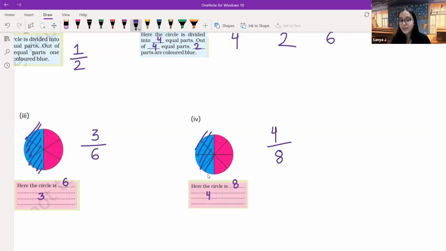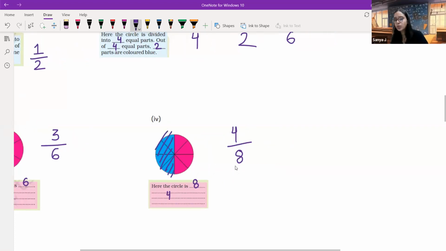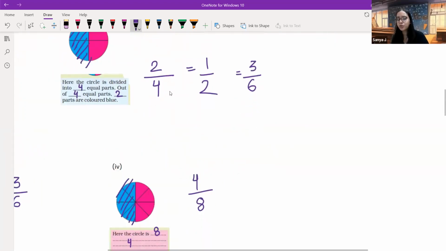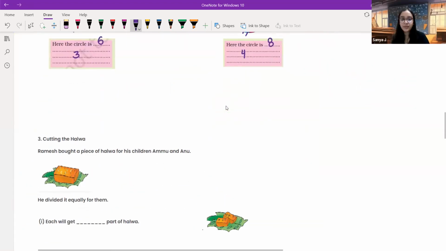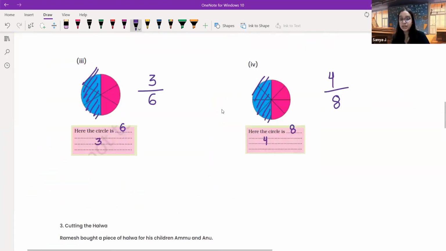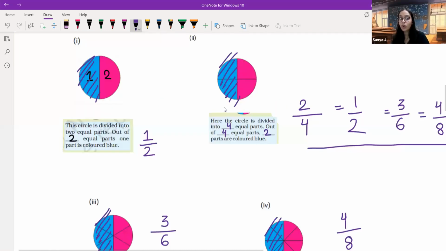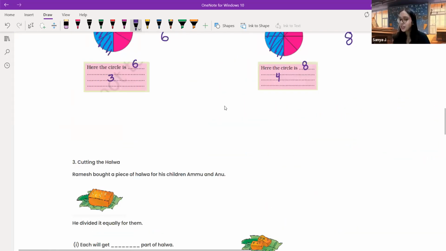Correct? As you can all notice, what's the other fraction to represent 2/4, 1/2 and 3/6? That is 4/8. Right, everyone? Yes. They are all the same fraction once we simplify them. With this, now let's move on to the third question over here.